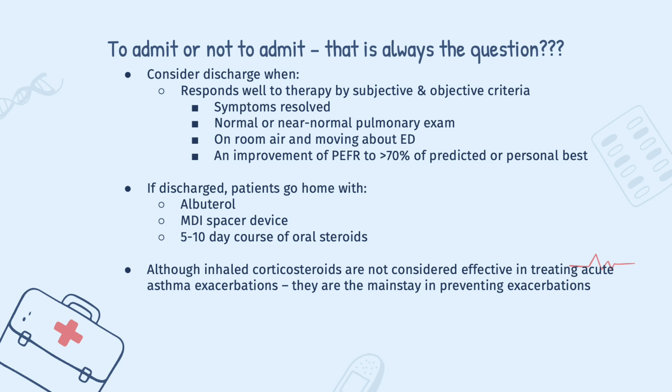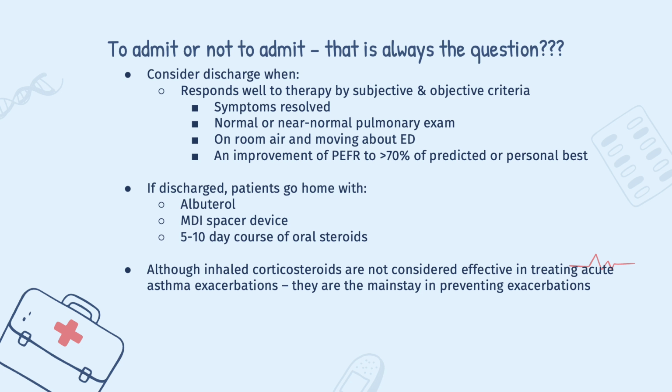Do we have an improvement of our peak flow to greater than 70% of predicted or within 70% of their personal best? So if discharged, patients really need to go home with albuterol, a spacer device, and then a 5 to 7 day course of steroids, and they really should be followed up with their primary care physician or PA.